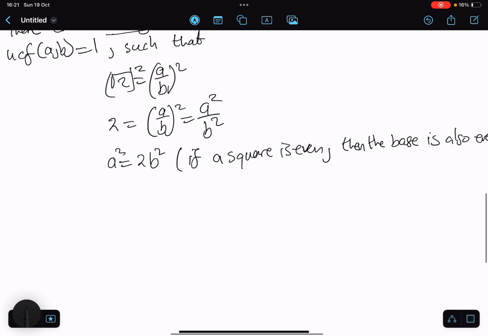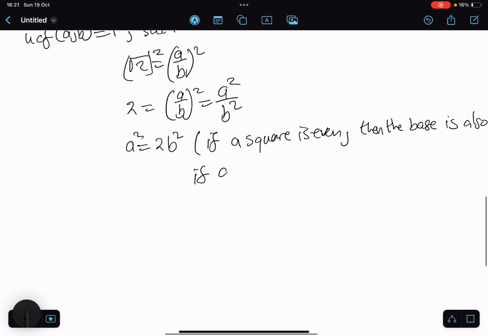What does this mean? So if a squared is even, then a is even.